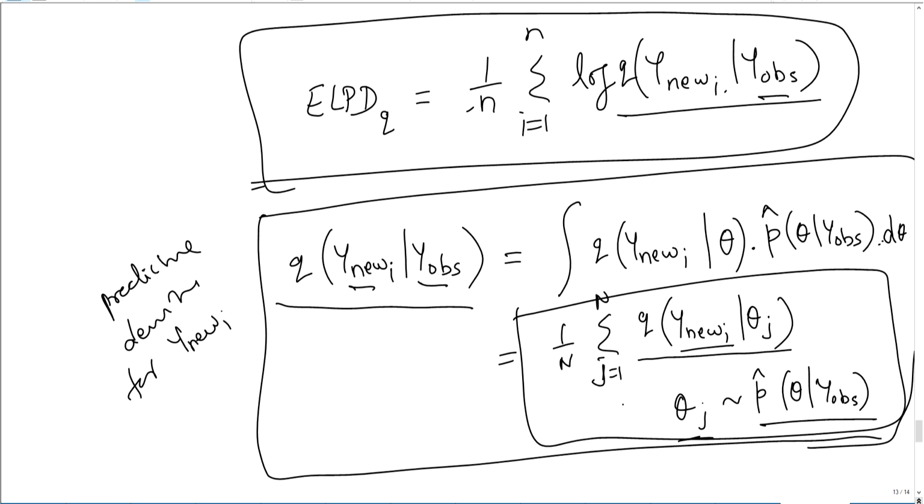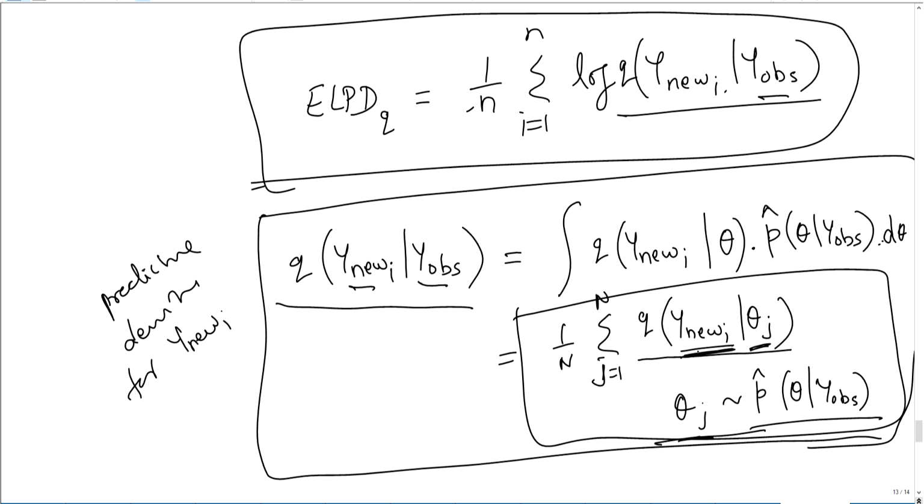It looks complicated, but the only thing you need to do is this. Let's go from bottom to top here. First, estimate the posterior distribution of theta given observed data y obs. Now, draw samples from this posterior distribution for theta, and conditional on each sample from the posterior you calculate the predictive density of observing a new data point y nu i.